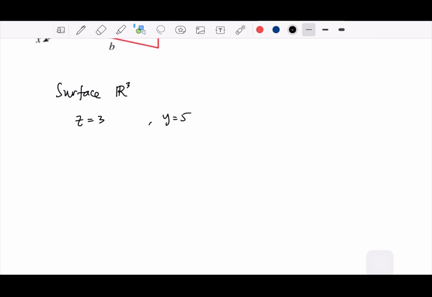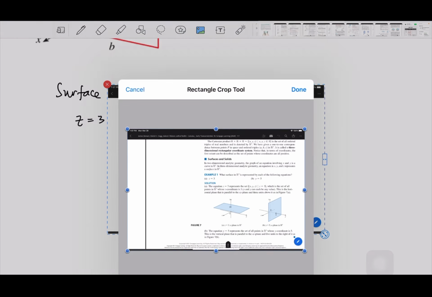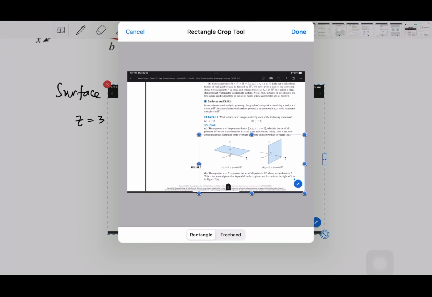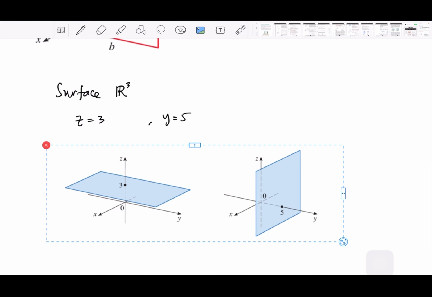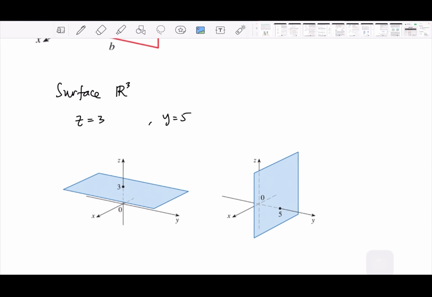Let me check whether I have the graph. Oh, I think I have the graph. Let me just take this image. Okay, now we have a plane.